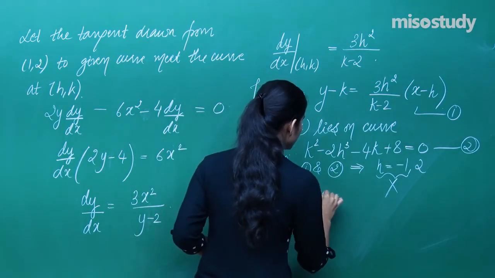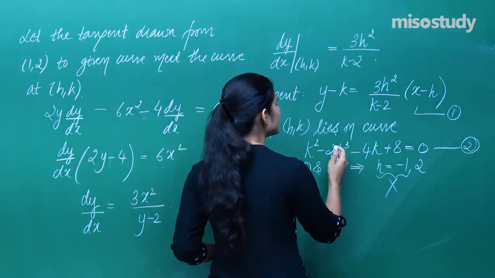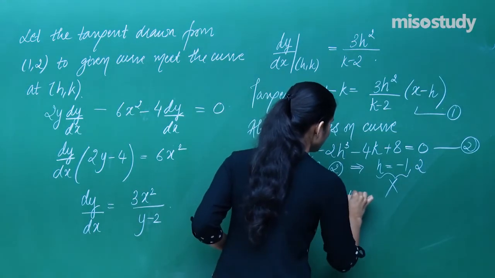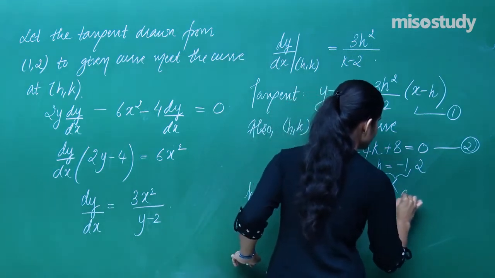Let's see. k square minus, so h is 2, 2 cube is 8, so this is minus 16, minus 4k plus 8 equals 0.